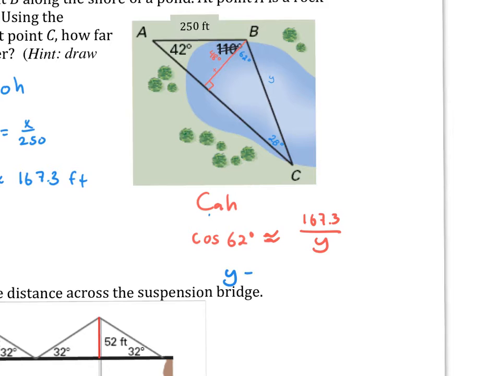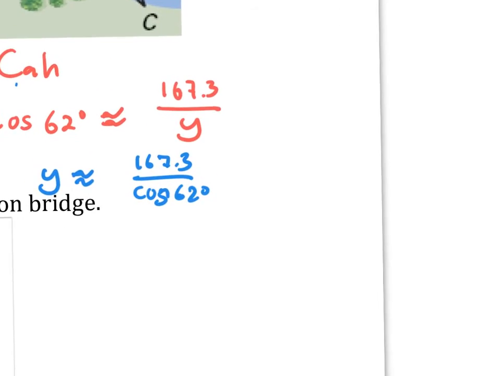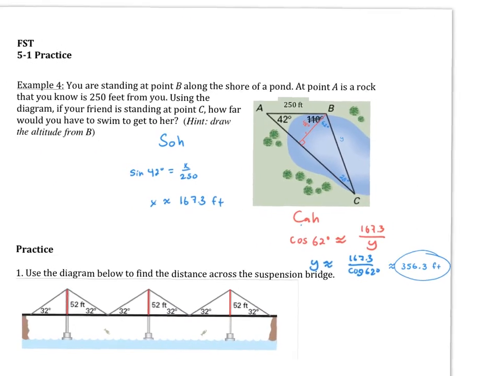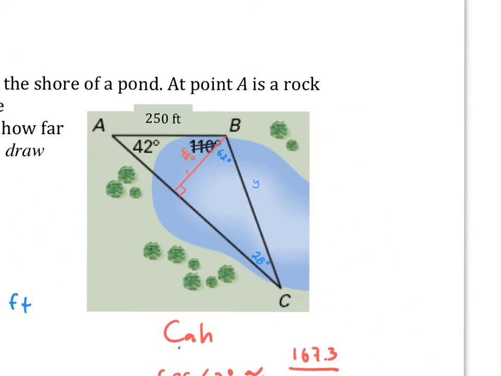Remember, I can just switch those two to get 167.3 divided by the cosine of 62 degrees. And in the end, I get approximately 356.3 feet. So how far do I have to swim? A little bit more than 350 feet. And relative to my diagram, if this is 250, 350, this does make sense. Now, this is not drawn to scale, but at least makes some sense there.